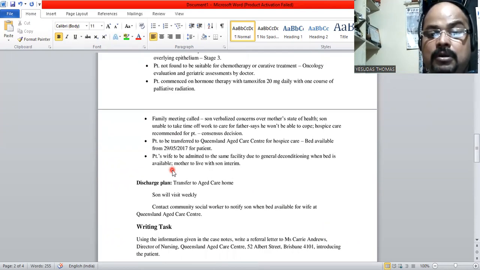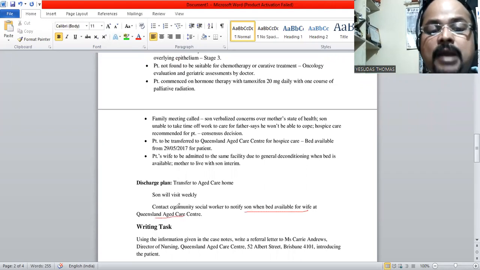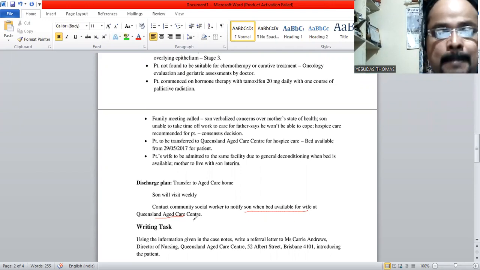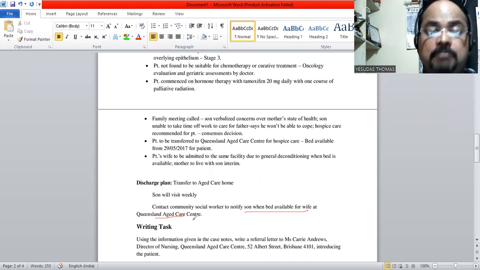Now, till the bed is available at the Queensland Aged Center, Mrs. Nutt will be there with her son.